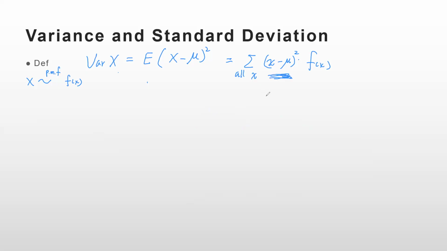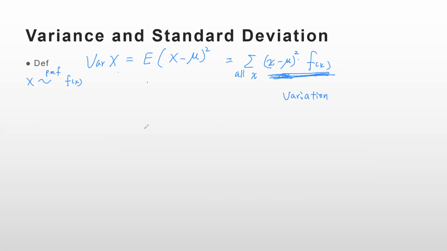But the feature of this quantity is that it's a kind of variation, because it's the distance between the x values and mu, summed up with some weights. So it really tells us the variation of these x values compared with mu. So the variance tells us the variability of a distribution.